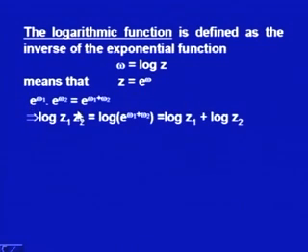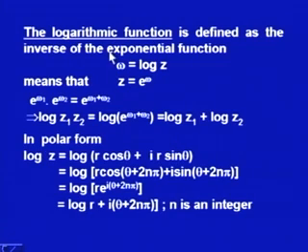From here if we multiply e^(w1) and e^(w2), then it will be equal to e^(w1+w2). You can check, this is nothing but log z1. If we take the log of this, then log(z1 z2) is equal to log of e^(w1+w2). We can simplify it and it comes out to be log z1 + log z2.